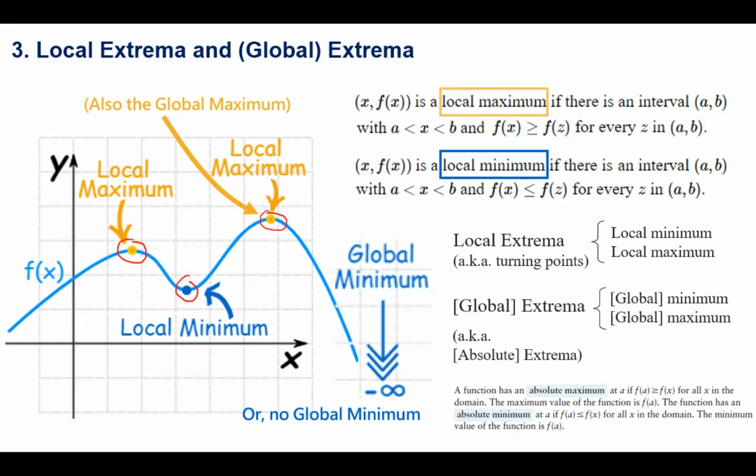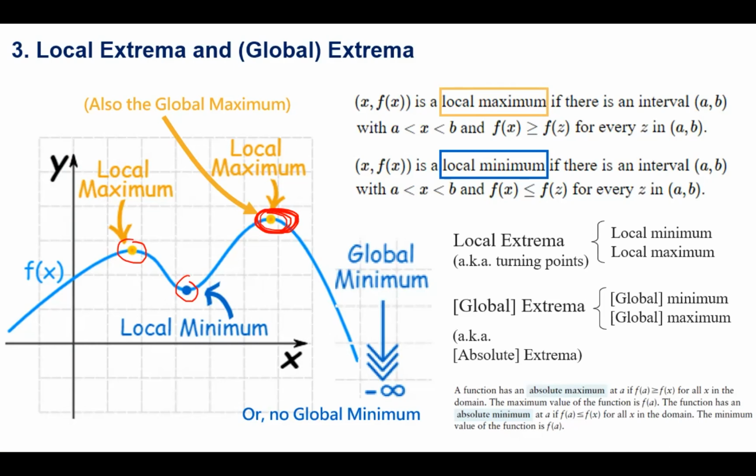And along this curve, the highest point is here, right? So this point is not only the local maximum, but also the global maximum along this curve. And is there any global minimum?